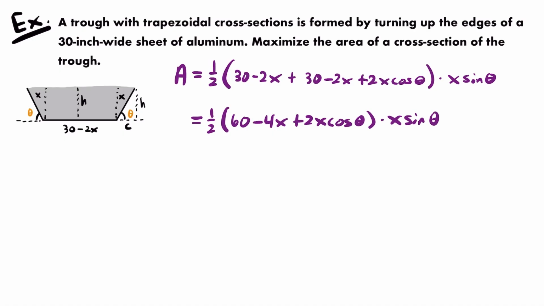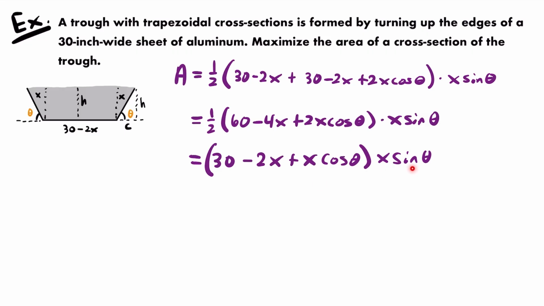Okay, and then we can multiply 1/2 by each of these terms, resulting in 30 minus 2x plus x times cosine theta, all times x times sine theta. And because we're going to be taking partial derivatives of this function with respect to x and theta, the two independent variables, I want to expand this all the way out so that we don't have to work with any product rules.